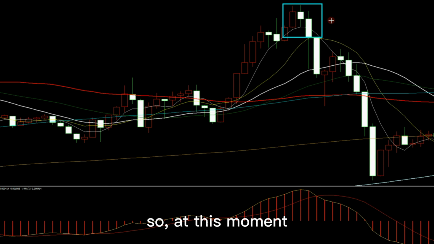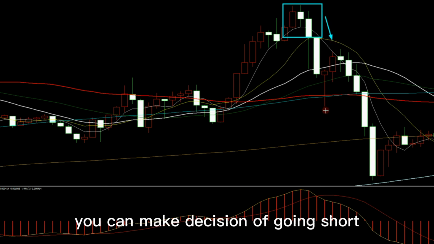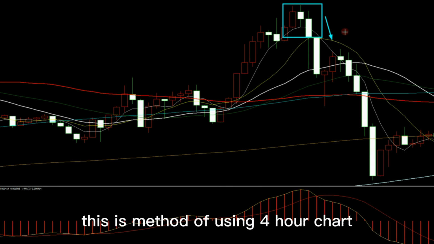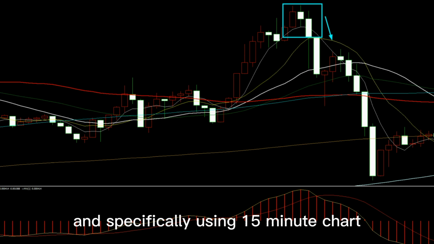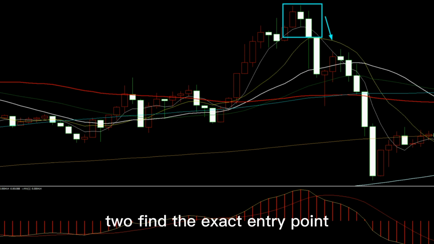So at this moment, you can make a decision of going short. This is a method of using the 4-hour chart to judge the short-term trend and the trading strategy, and specifically using the 15-minute chart to find the exact entry point.